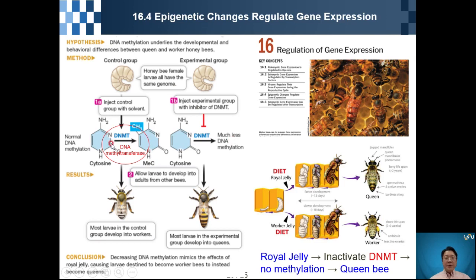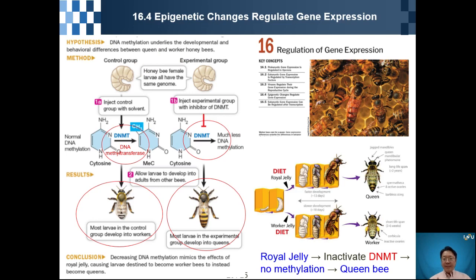If methylation happens, this larvae will become the worker bee. However, if there is no methylation, the same larvae will become the queen bee.